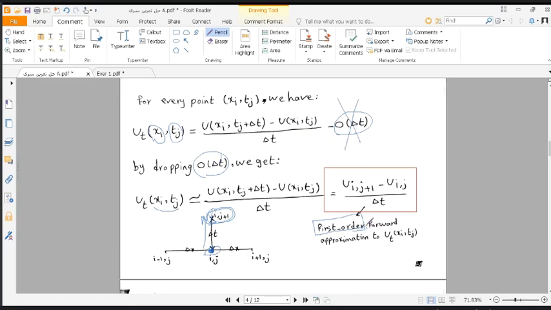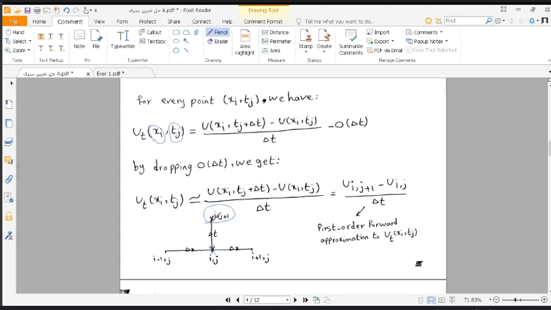Why is this formula forward? Why is it not backward? We go above. Attention, we should go above. We use the next point, okay? Not the before point. I am at i and j and use i and j plus 1.